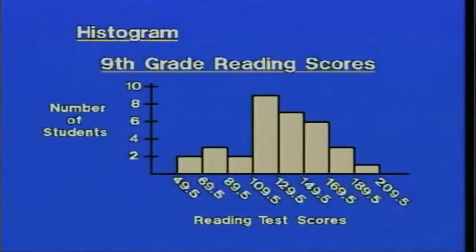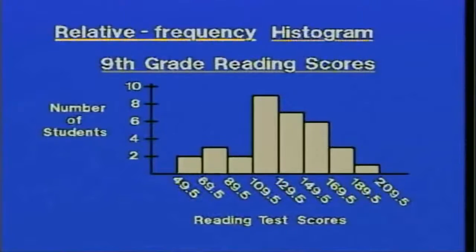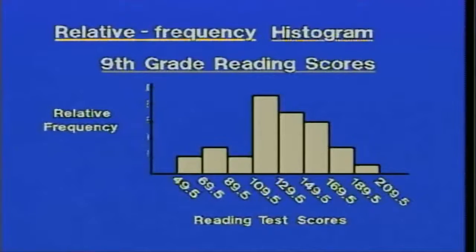This really could be called a frequency histogram if we wanted to name it that way, and we might want to do that to differentiate it from a relative frequency histogram. Now remember, the relative frequency histogram is one where the vertical axis, instead of being frequencies, were relative frequencies. And these relative frequencies were in the decimal form of percents, actually. And the graph looked exactly the same as the frequency histogram.